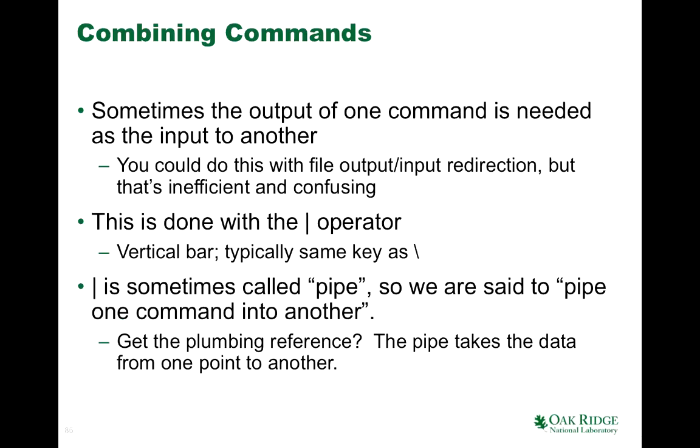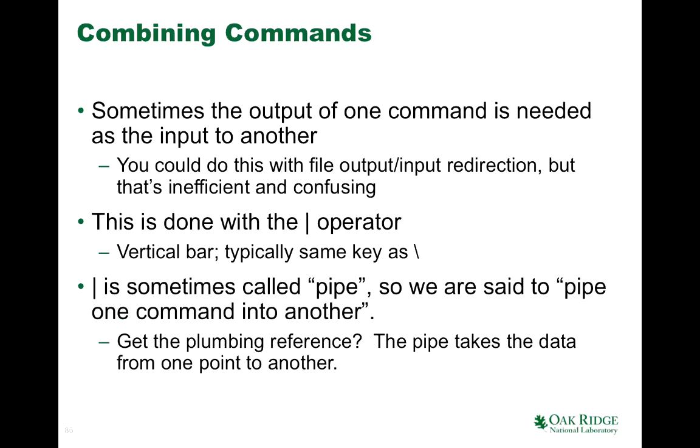Moving into a little bit different topic, combining commands. Sometimes on a system, we want the output of one command to be used as the input to another. Now, in the previous seminar, we talked about doing file redirection, redirecting the output and redirecting the input. So you could do that to capture the output from one command and then pass it to another one, but that can get really confusing and a little bit inefficient.